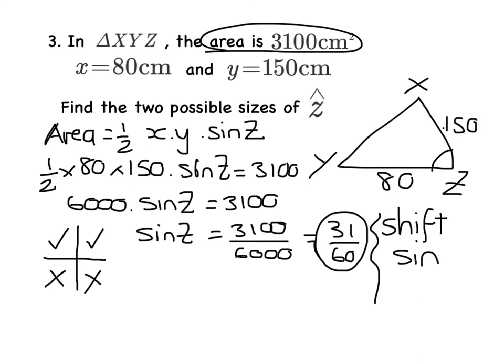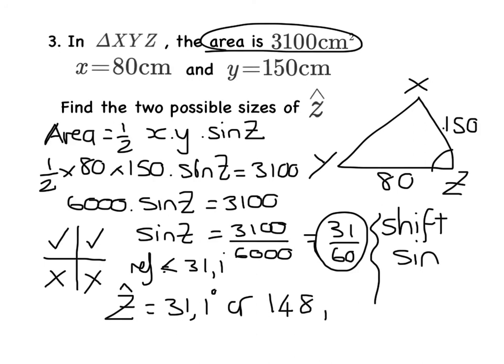So we're going to get a reference angle of 31,1, and then understand that angle Z can either be 31,1 degrees or 180 minus 31,1 degrees. So it can be acute or obtuse, and we know that because over here there's an invisible plus sign telling me that sine Z is positive. All right, so that's the basics. You need to practice. Good luck.